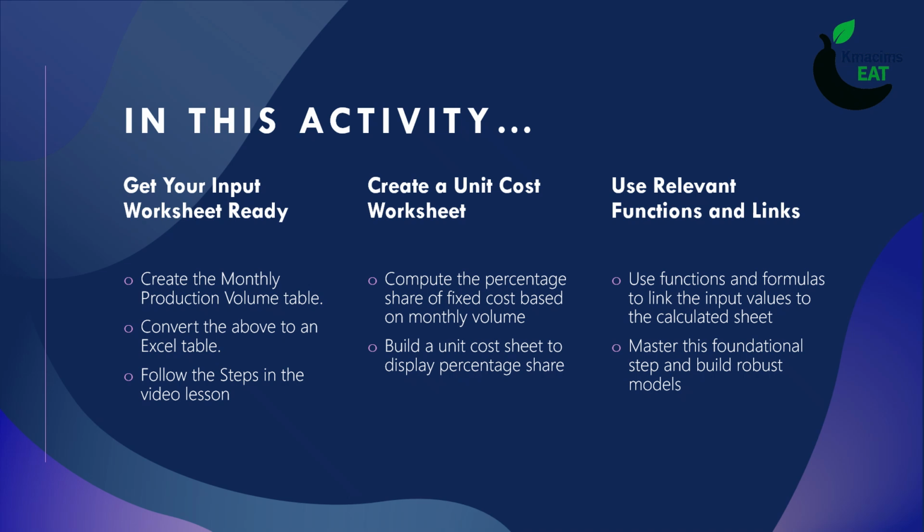Convert it to an official Excel table and name it table production volume. Add a formula to calculate the total units produced at the bottom of the table. In your unit cost calculator sheet, use these percentages to allocate fixed costs to each product.